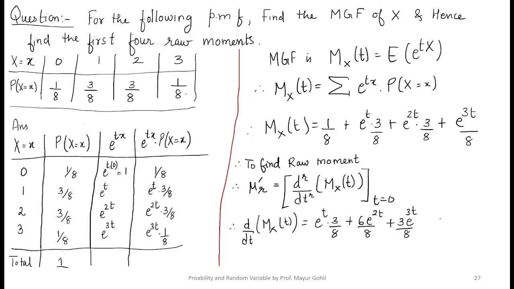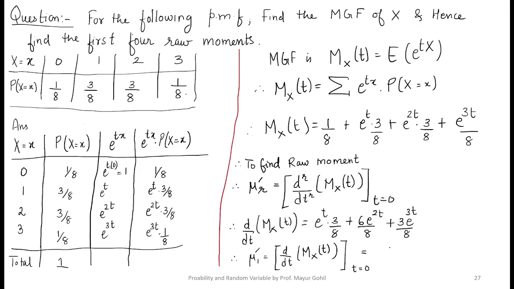Now this derivative evaluated at 0 will give us mu 1 dash. Because this is the first derivative, mu 1 dash is equal to d by dt of Mx(t) evaluated at 0. What will happen here?